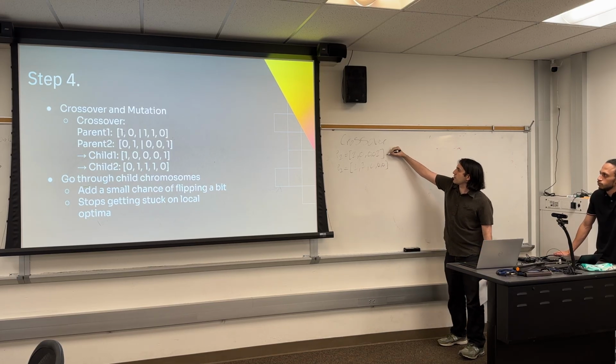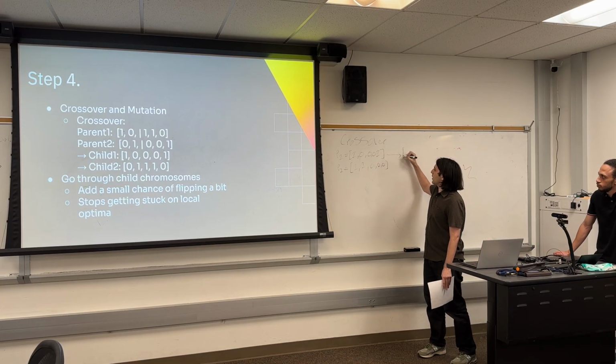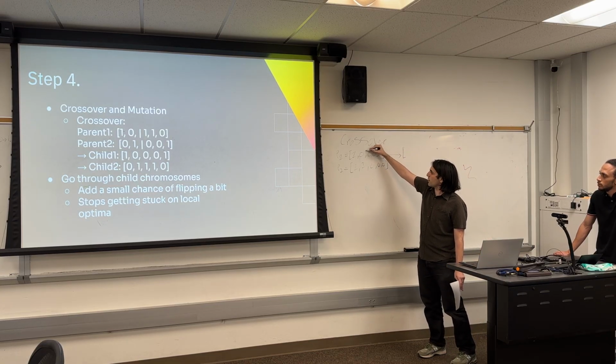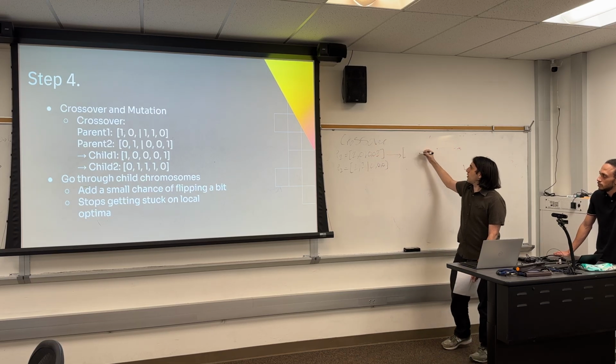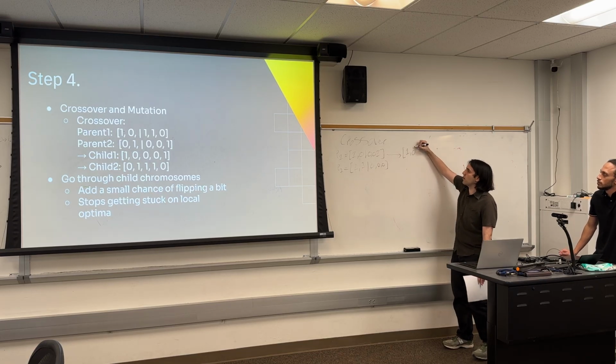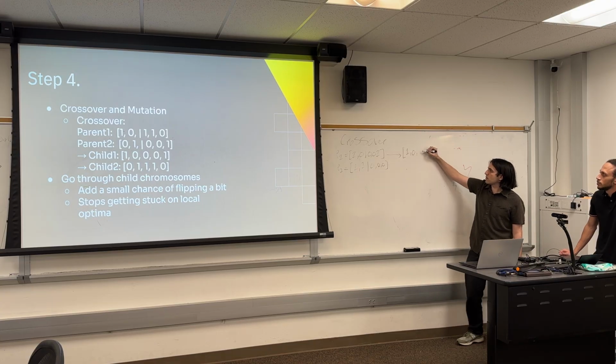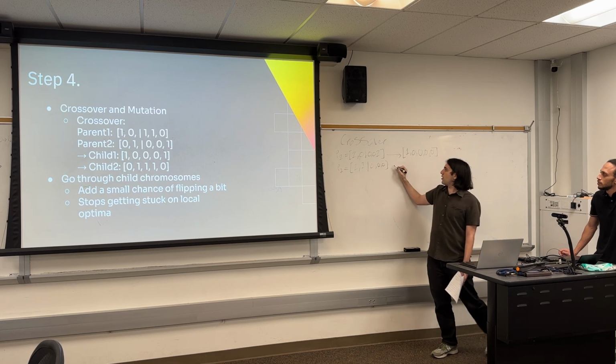Okay, so we're gonna do crossover. Basically, it just looks like this. We're gonna take just a 1-point crossover. We're gonna take this part, we're gonna split it here. So this first one, it's gonna be 1, 0. This is our new population. 1, 0. Then we're gonna take the last 3 from P2. 0, 0, 0. New population here.